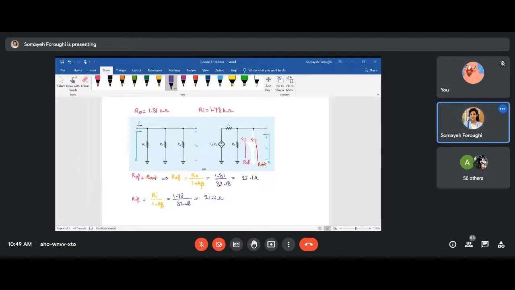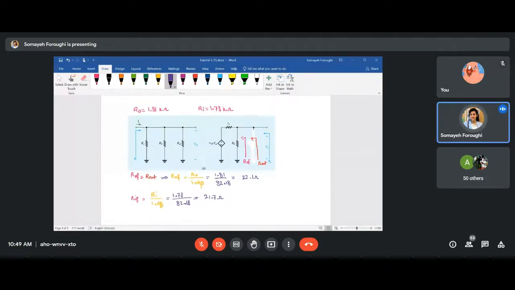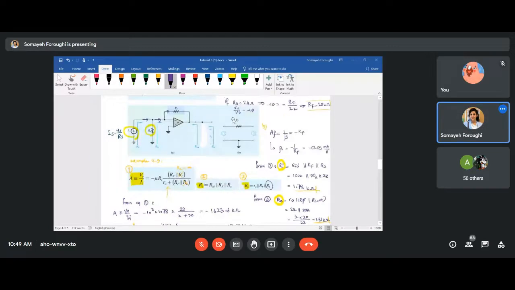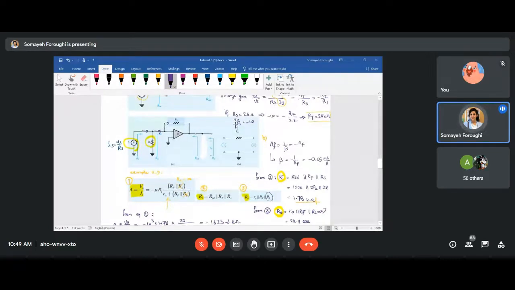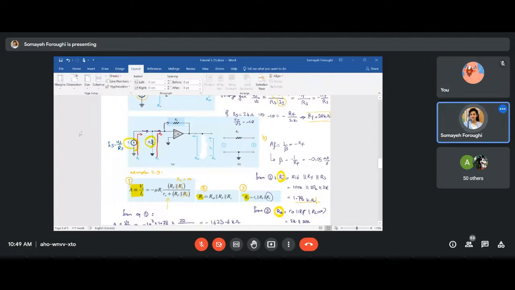On the other hand, let's see, your RIF. Here, you see RIN, guys. RIN is here. This is RIN, and this is our RIF. RIF is before RS.